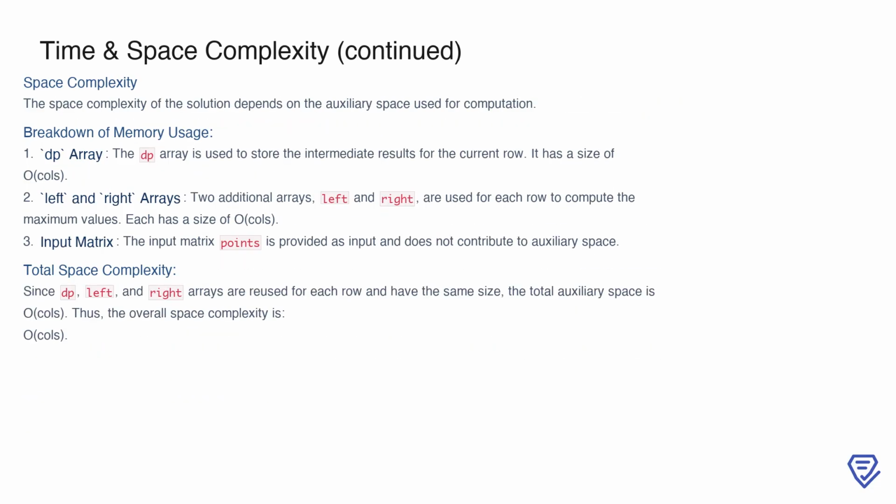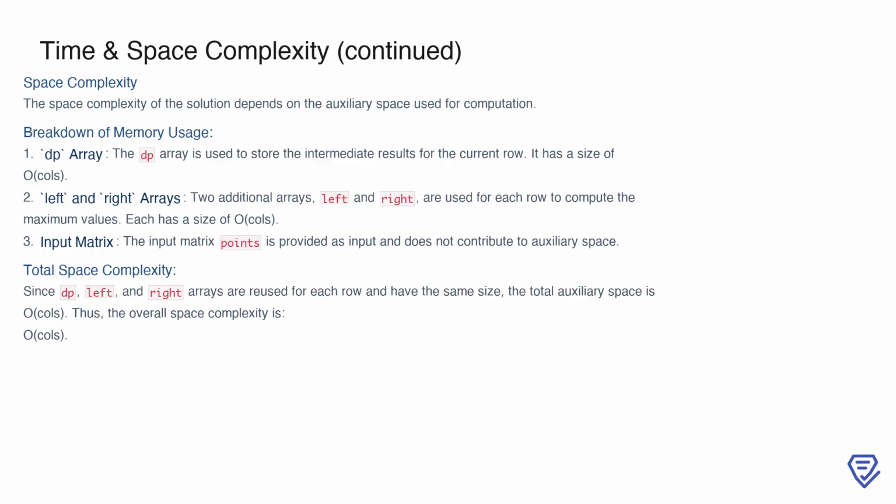Now let's focus on the space complexity. The space usage is determined by the auxiliary data structures used during computation. The DP array, which stores intermediate results for the current row, has a size of cols. Additionally, for each row, we compute the left and right arrays to track running maximums, and these arrays also have a size of cols each.